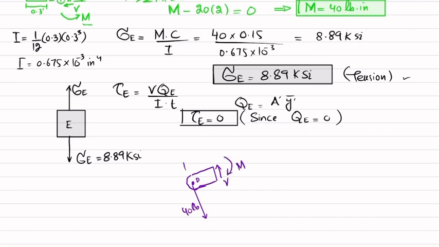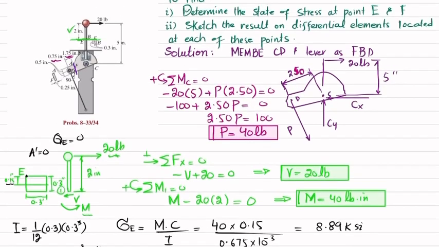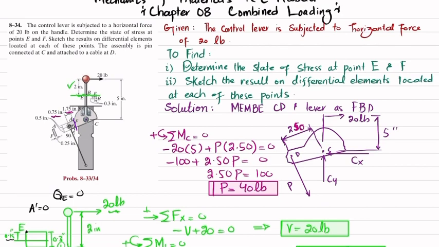The distance from this point till this is 0.75. Let me show you. So you can see that this is the distance. From this till this is 0.75. 1.75 is this distance. So we are taking 0.75.